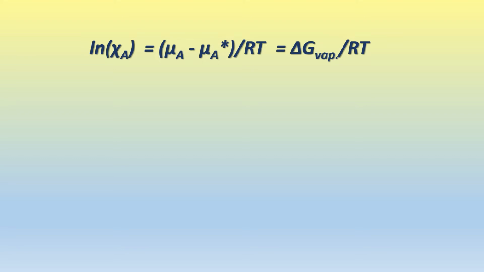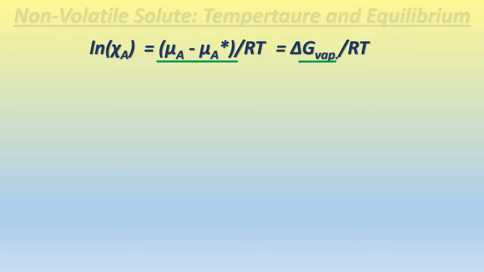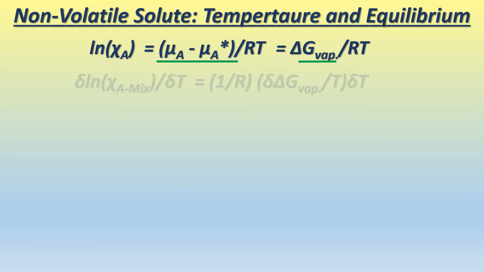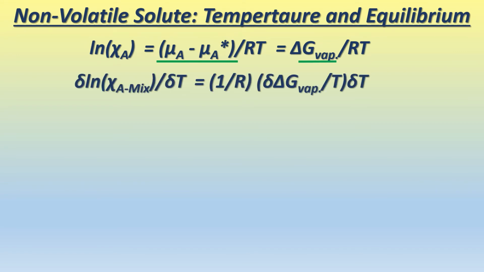Now, for a solution where I have a non-volatile solute, I can rewrite how the change in temperature changes the behavior of the solution. Mathematically, that means how does the log of the mole fraction of solvent change with temperature versus how does 1 over R delta G over T change with temperature.